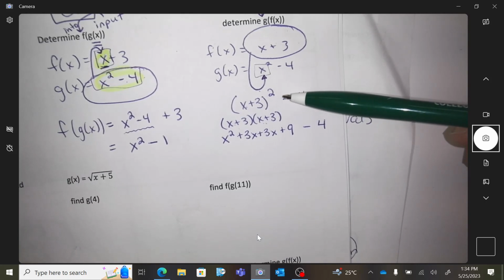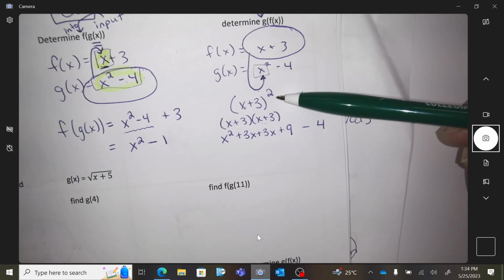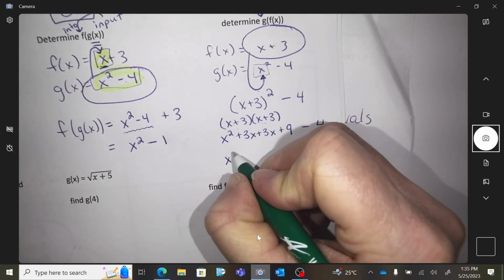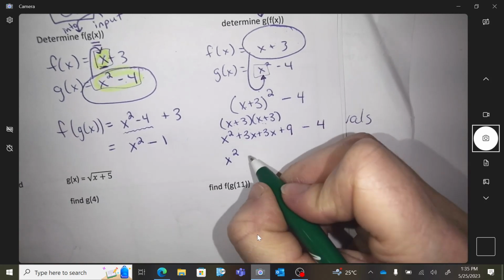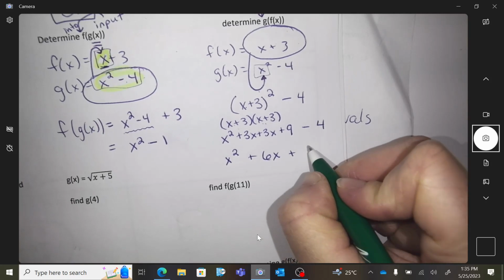Okay, this mistake, I usually catch half the people making that mistake, so remember that. Don't square it individually, square it as a unit. Binomial units make FOILs. So the final answer should be x squared plus 6x plus 5.